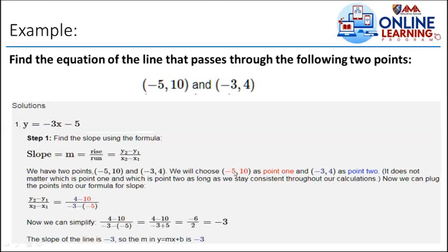We will choose -5 and 10 as point 1, and -3 and 4 as your point 2. Kaya we are going to use the 2-point slope formula. It does not matter which is point 1 and which is point 2, as long as we stay consistent throughout our calculations. Now we can plug the points into our formula of slope.